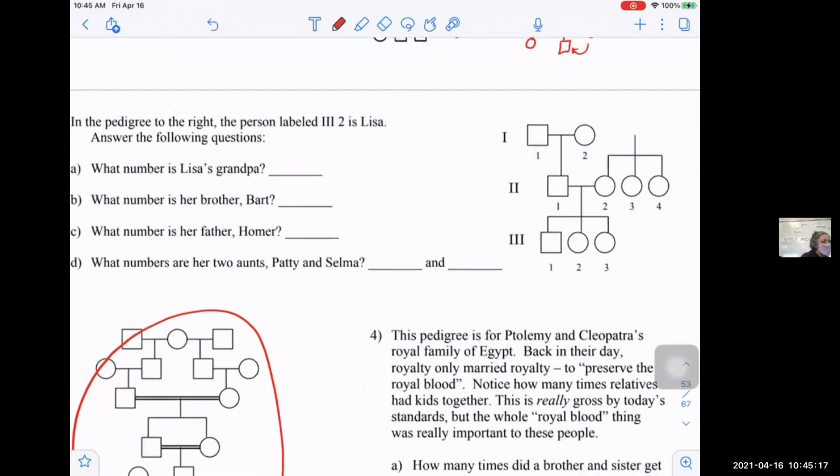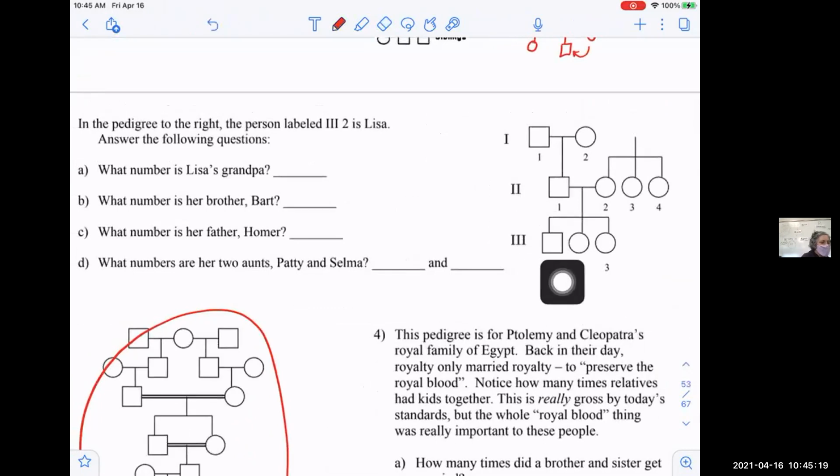All right, if person 3-2 is Lisa, what number is Lisa's grandpa? So 1-1, right? The 1-2 is her dad, and grandpa is 1-1. All right, what number is her brother Bart? If she's 3-2, remember this is Lisa, her brother is 3-1.